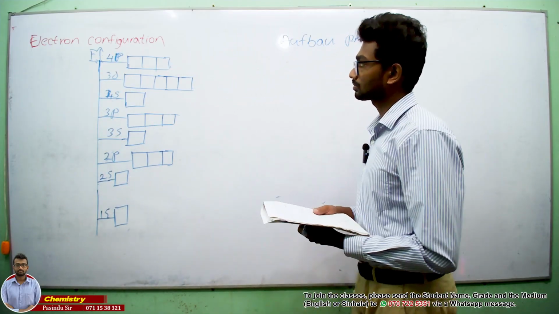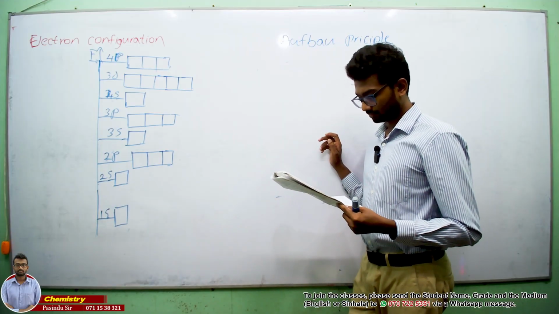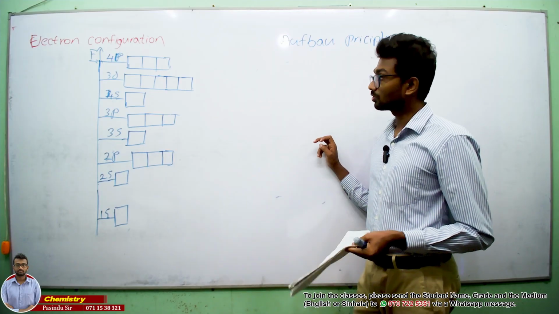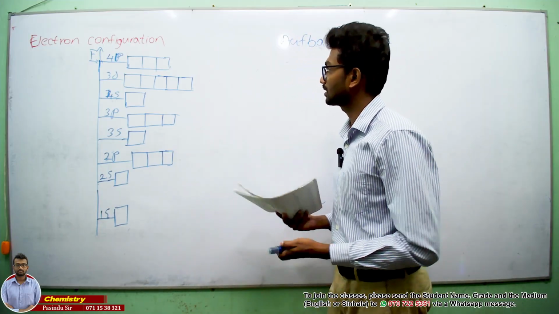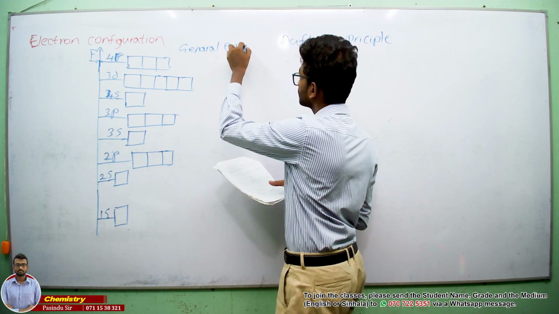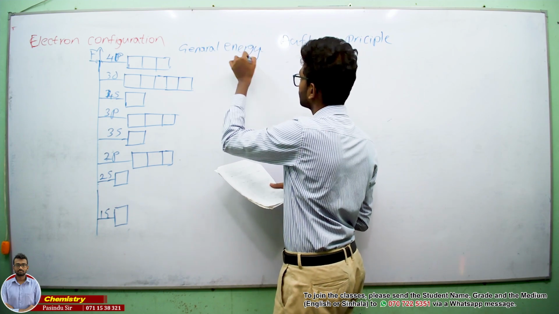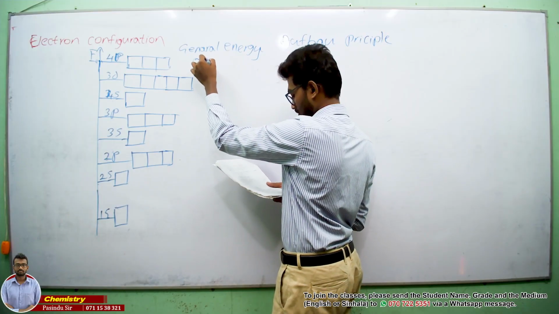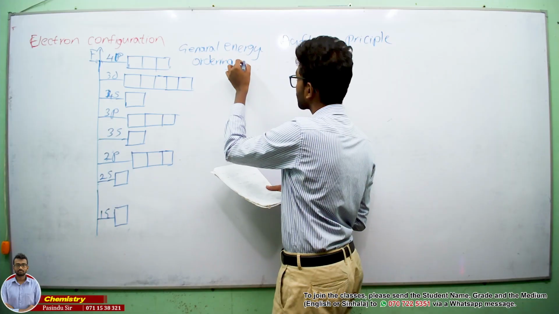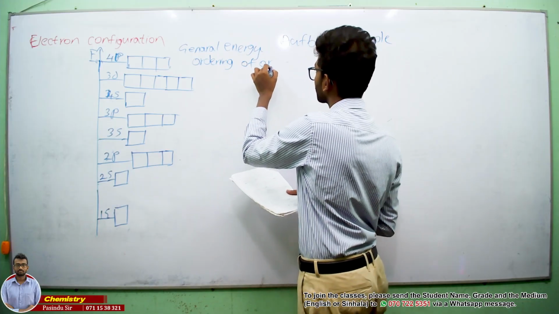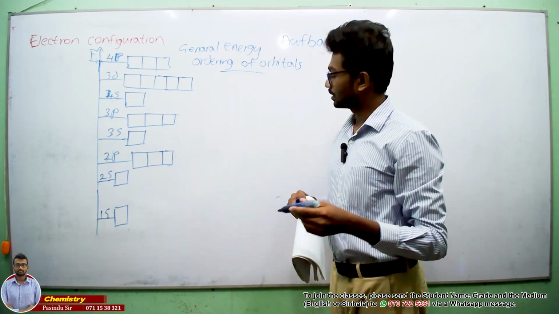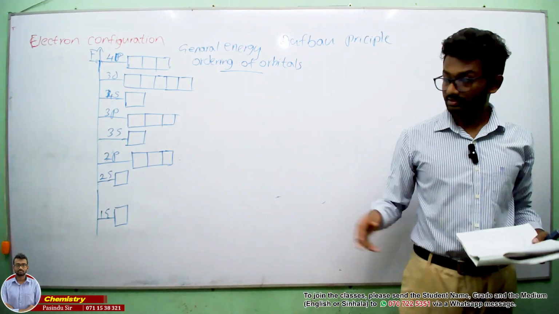So write down the general energy ordering of orbitals, and then mention it, right?